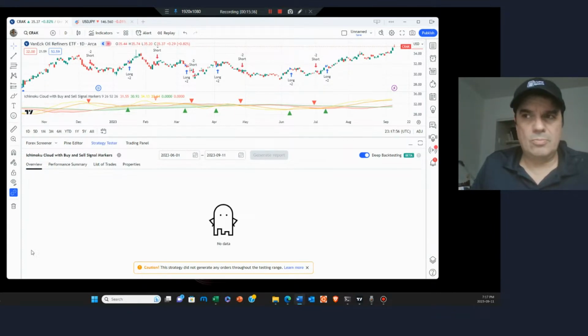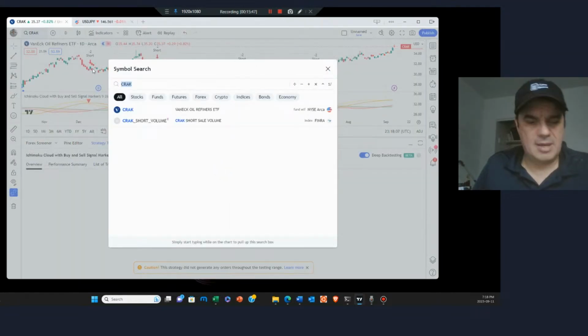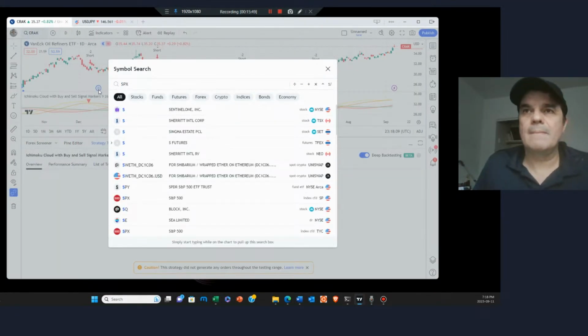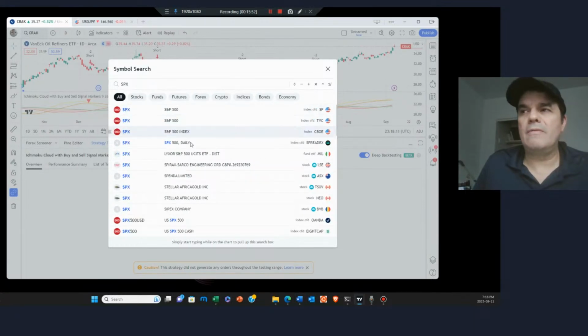Okay, let's get into more equity. I'm going to do the SPX, which is a CFD, but it should mimic a SPY. But let's just say I'm going to do this SPX right here, found on CBOE.